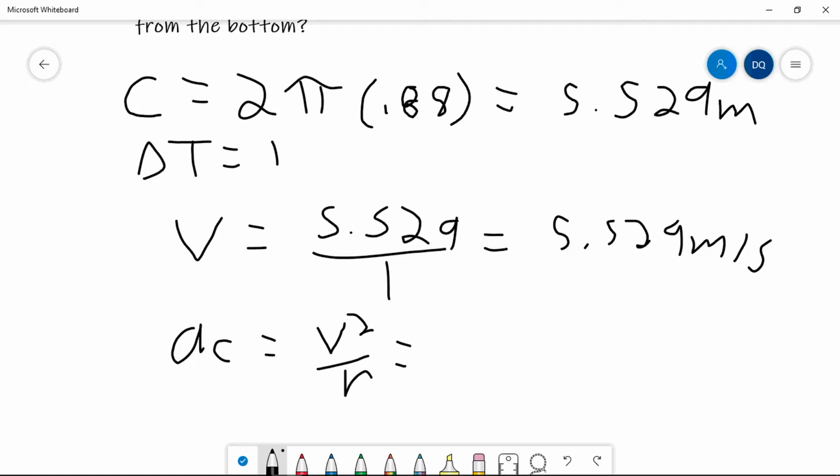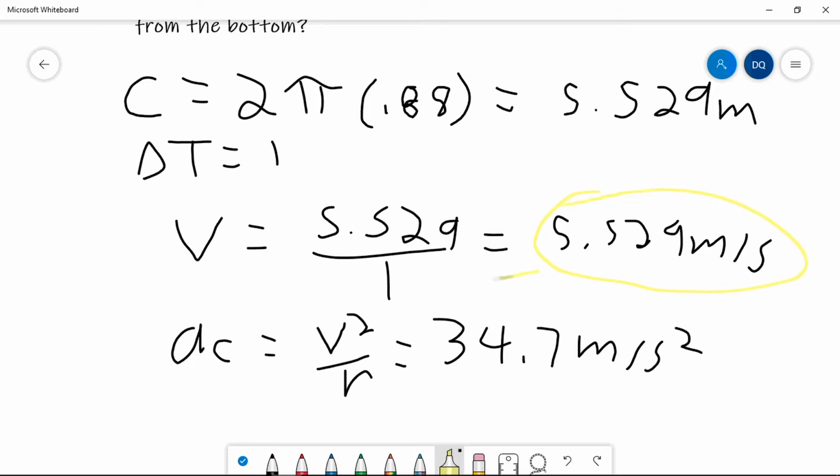So it is 5.529 squared divided by 0.88, which is 34.7. So that's 34.7 meters per second squared. If you're wondering what I did, I took this value and put it here, and I took the given radius and put it there at the bottom. That's where that number came from. So that's the centripetal acceleration of the bucket.